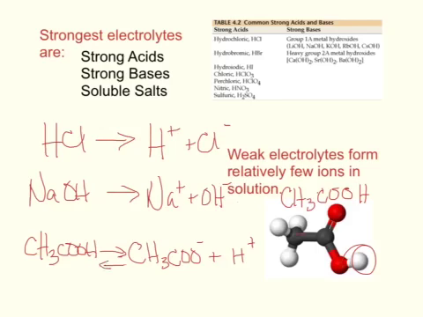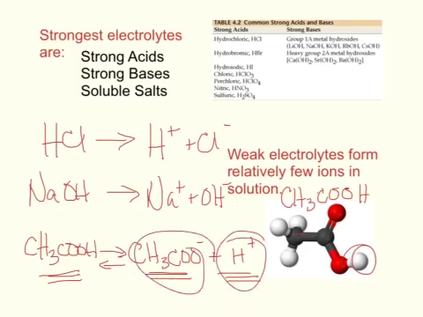And so once that equilibrium forms, what I have in my solution is all three of these species present. I have the acetic acid in there, I have some acetate ions in there, and I have some hydrogen ions in there. And that's actually the definition of a weak acid, one that does not completely dissociate. And since it produces relatively few ions compared to what it started out with, it's going to produce a weak electrolyte.